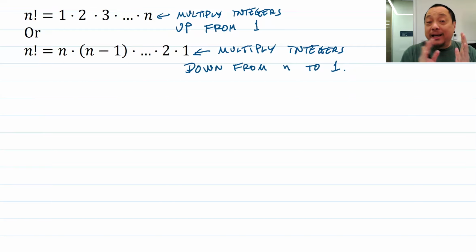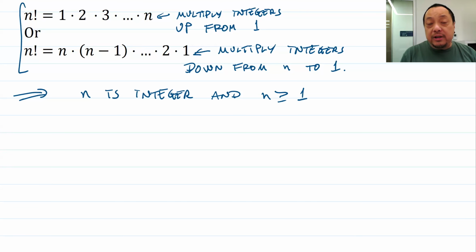Well, in order for either of these definitions to work, n definitely has to be a positive integer. Because if you're going to go up from 1, that means you'll start from 1. There's no way you can start from 0. And if you're multiplying integers only, then n has to be an integer because otherwise you'll never hit it, right? So both of these definitions imply that n is an integer and n has to be at least 1.